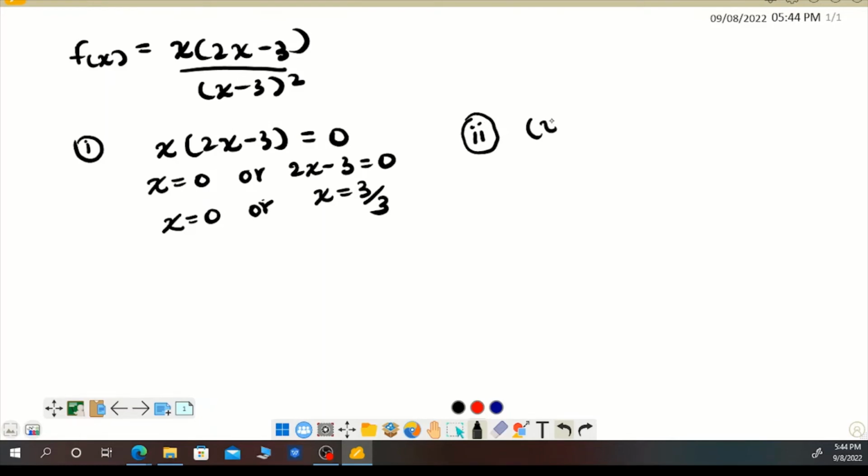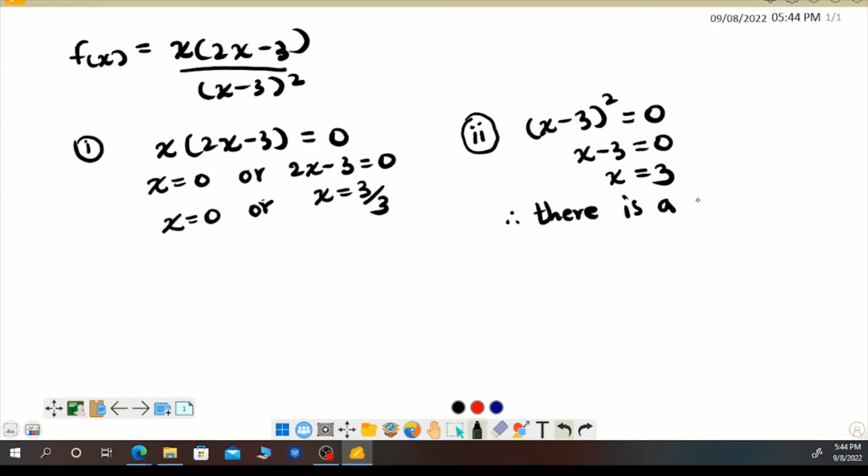The denominator is (x minus 3) squared, so I equate it to 0. Then I get x minus 3 equals 0, which gives x equals 3. So at x equals 3, there is a vertical asymptote.